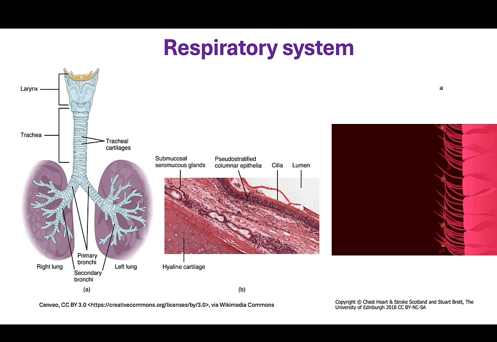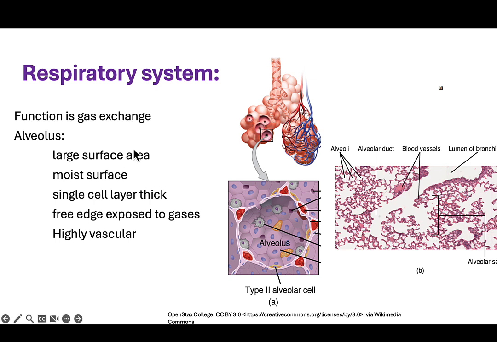So the rings hold it open exactly the same way in the trachea. So these are very specific cells and specific tissue that provide these specific functions.